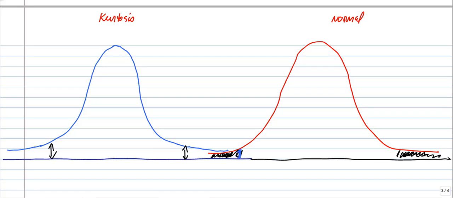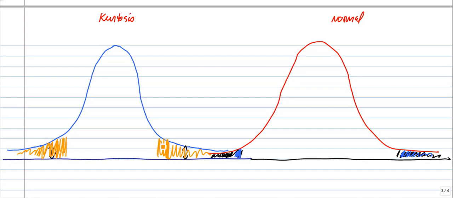The distance isn't as high. There's not as much area in the tails as there is over here. Look how much area is in the tails on this side. So this distribution on the left exhibits kurtosis. That means that there are more deviations that are extreme.